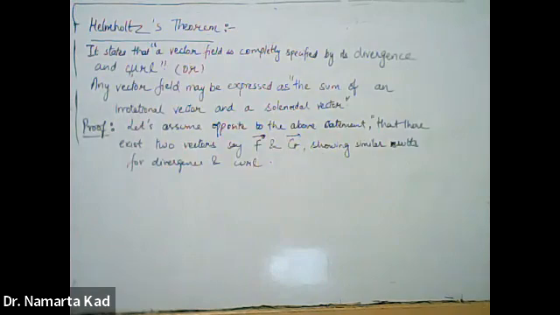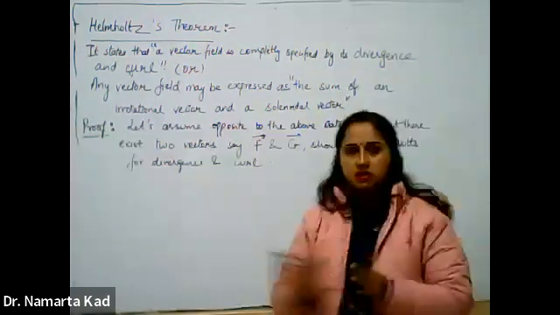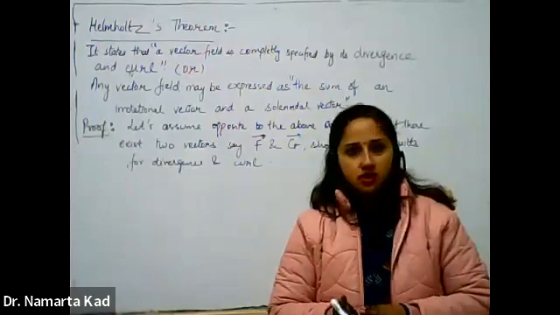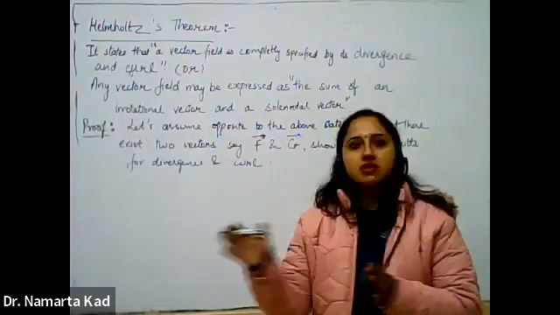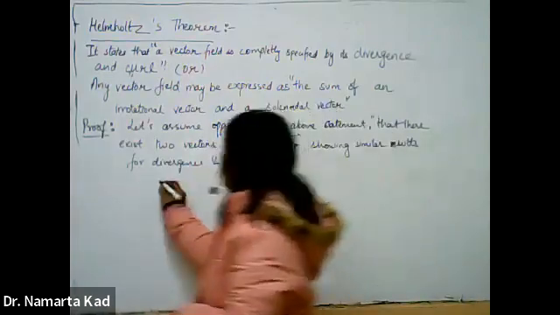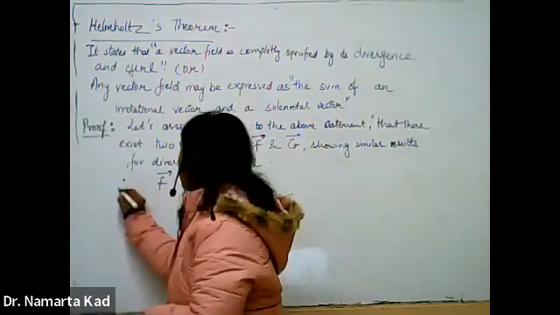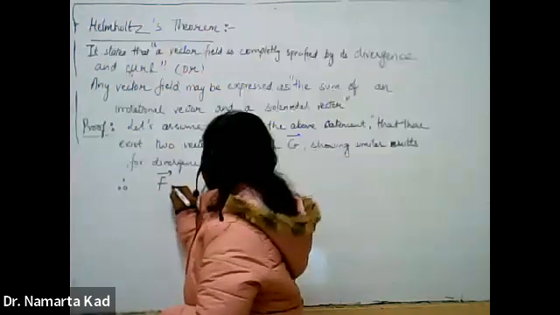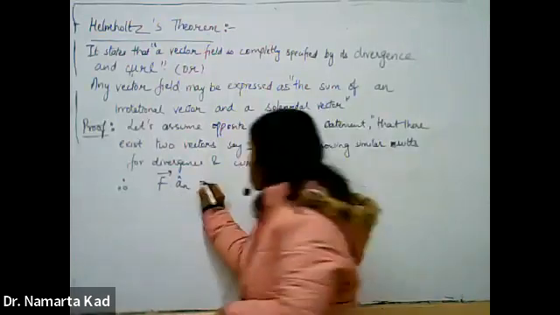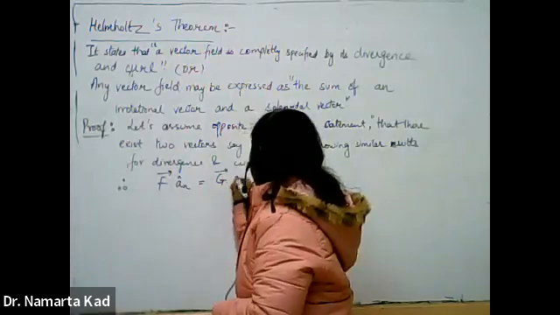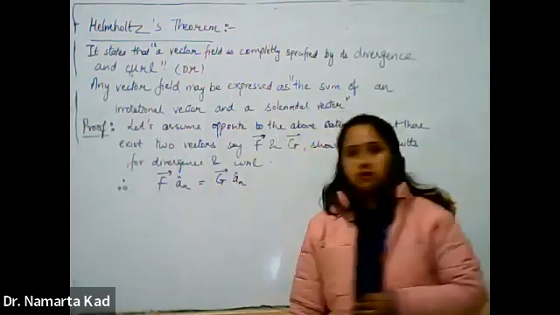So if these two vectors show similar results, then they must satisfy the same boundary condition on any surface S. Mathematically it can be written as F vector dot any unit vector, let us suppose a unit vector n, must be equal to G vector dot n.